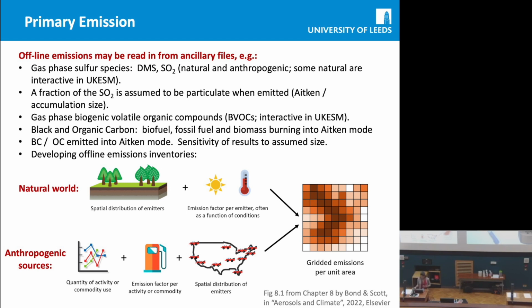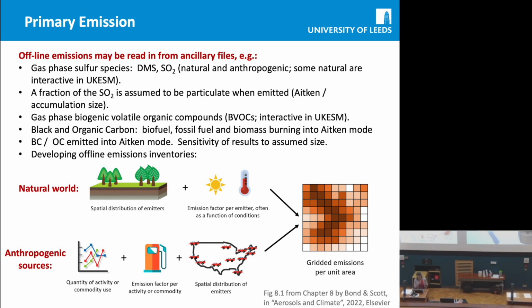So in terms of the offline emissions, a lot of the gas phase sulfur and biogenic volatile organic compounds can potentially be read in as offline emissions. In terms of sulfur dioxide, a fraction of the sulfur dioxide gas will be assumed to be emitted directly into the particulate phase.